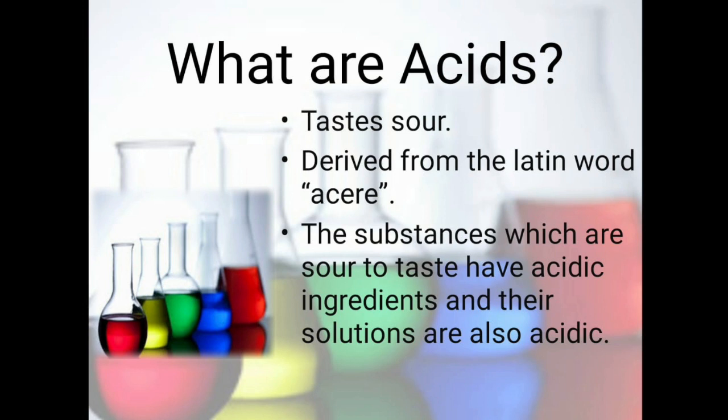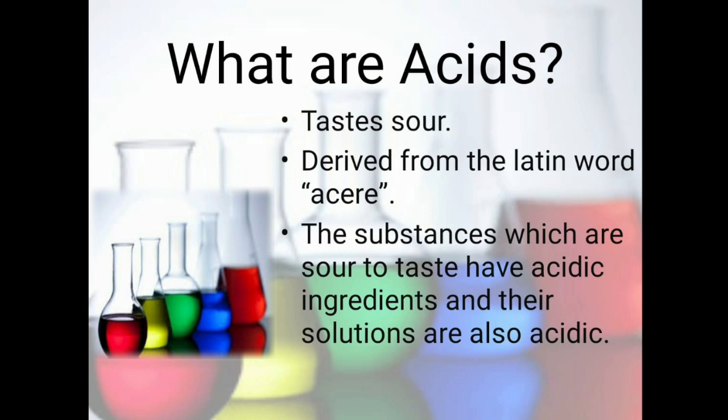As we know, the taste of the food varies because each food item has its unique chemical composition, and based on their chemical nature, they are categorized into acids, bases, and salts. And second is to take the help of an indicator.